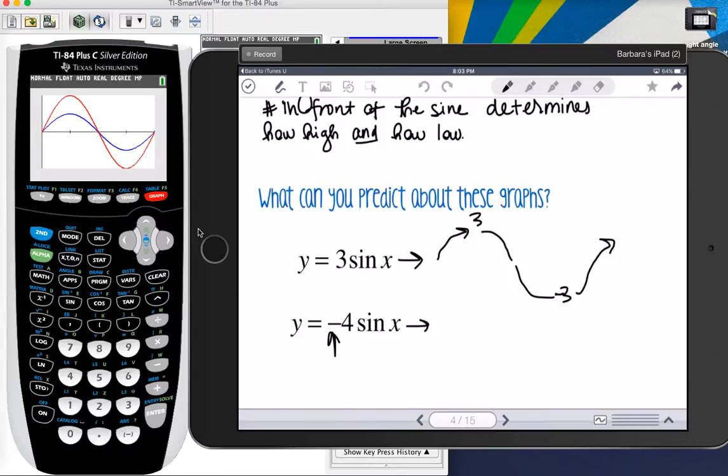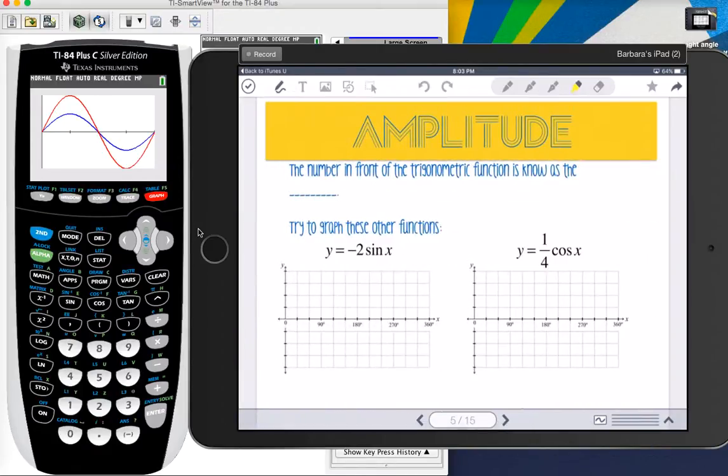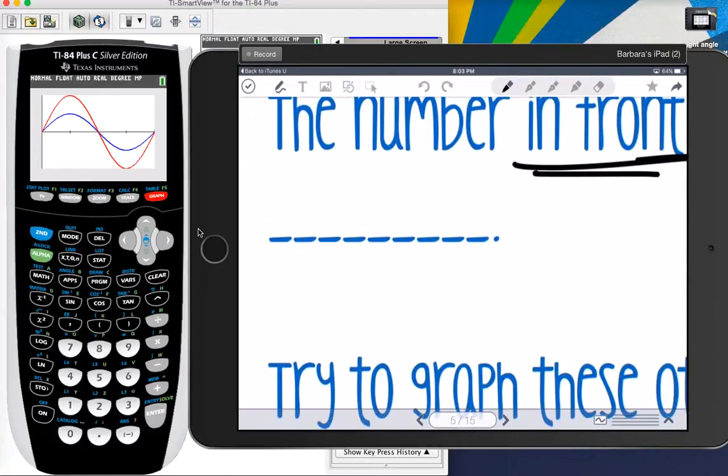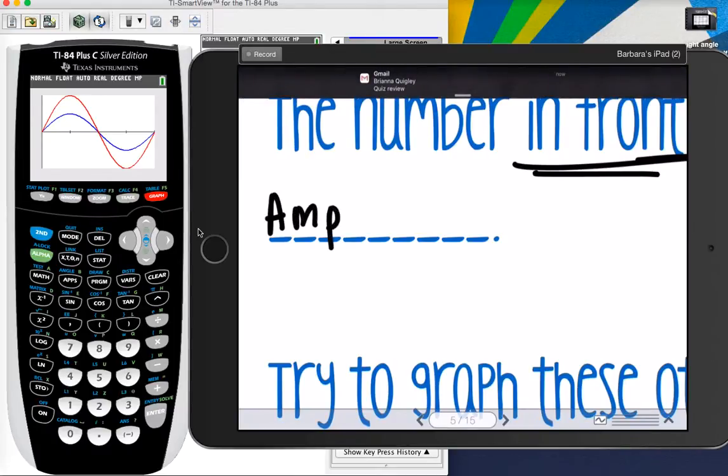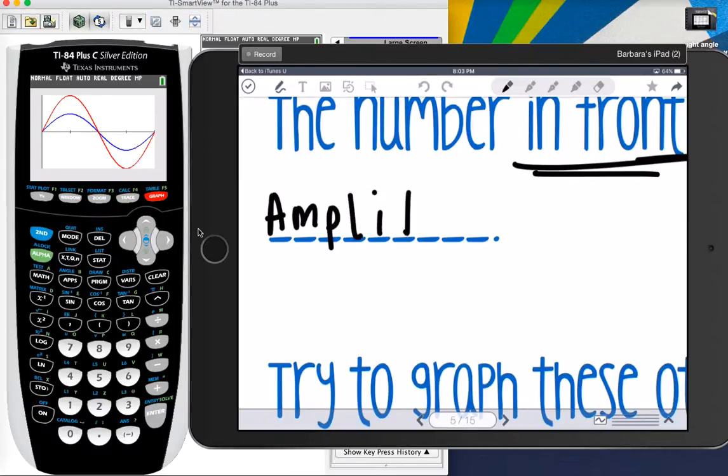It's actually going to start by going down to -4, and it'll come all the way back up to +4 before coming back down. So you'll notice that it does the opposite of the curve that we're used to seeing. It goes down first versus going up first. This number in front of the trigonometric function is known as the amplitude.